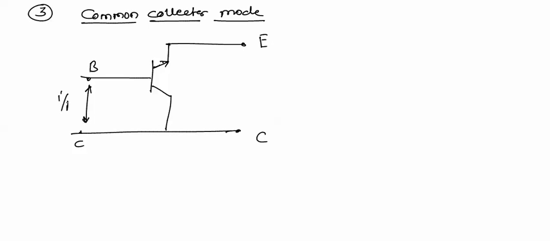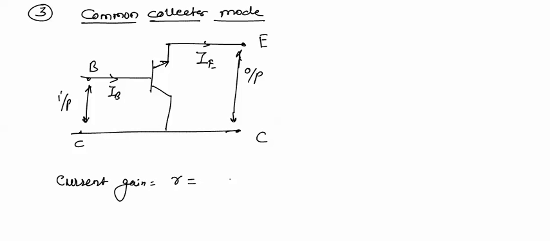This is input voltage and this is output. The current in the input terminal is base current and output current is emitter current. The current gain of a common collector transistor is defined as gamma, which is equal to output current IE by input current, that is base current IB. So these are the three modes of operation of the transistor BJT.